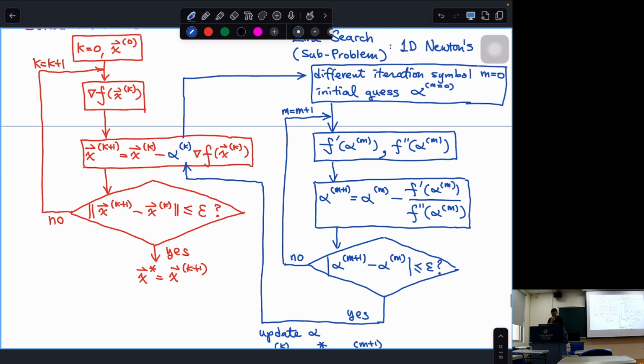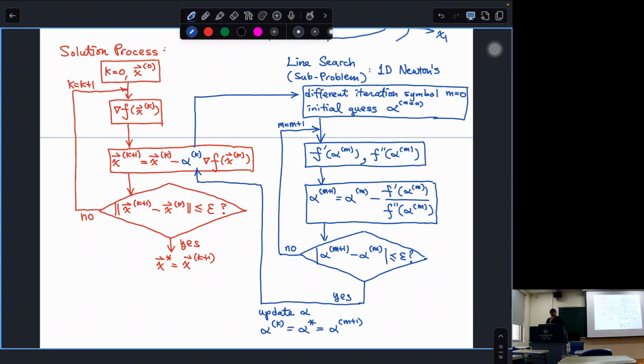Okay? So the complete process is like this. How do I know the step size? I solve a 1D Newton's problem to find the optimal step size.